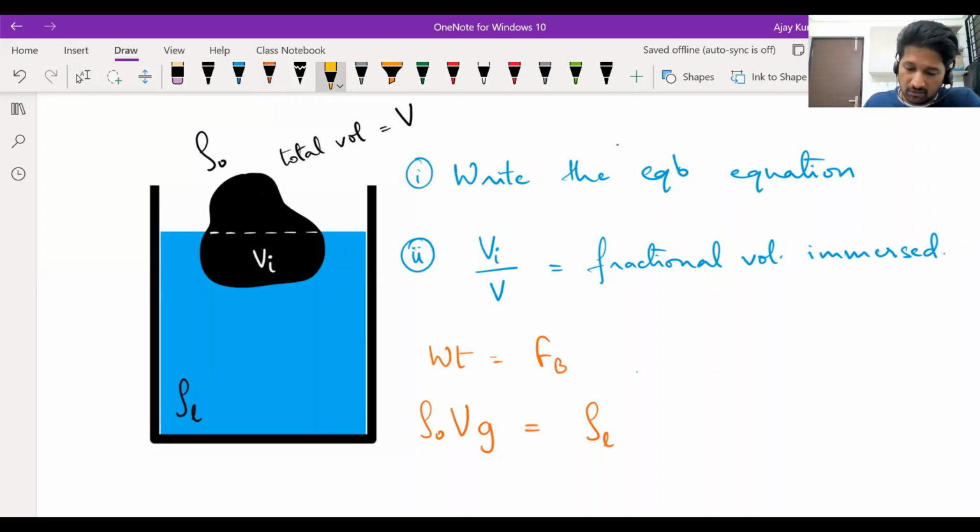Now, imagine how much liquid this object is displacing. It is only displacing this much liquid. Immersed volume.